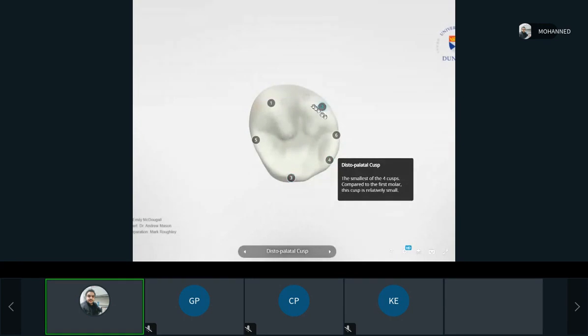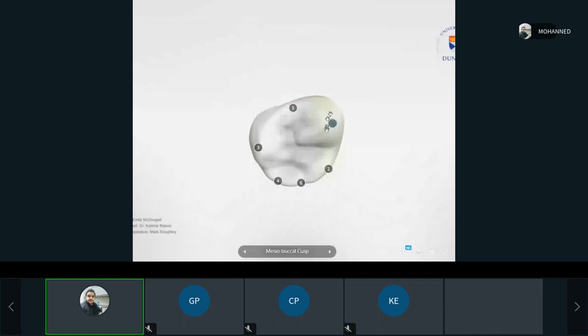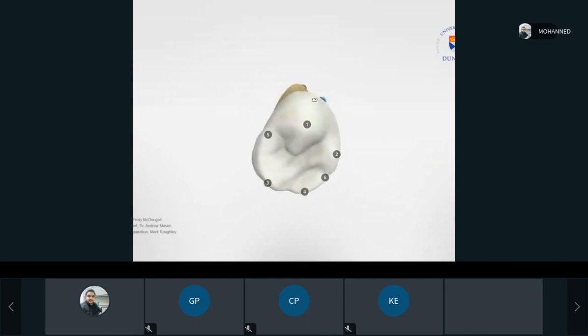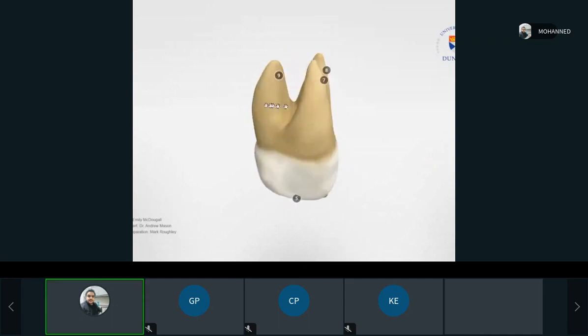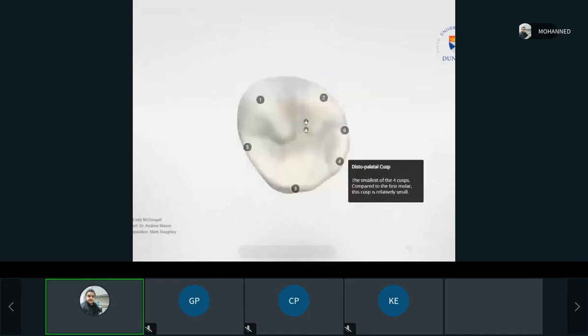And these are the bigger ones, especially the buccal. The mesiobuccal would be the biggest cusp. And if we look at it here, kind of like a heart in a way, right? Usually the roots are less diverged, not like the maxillary first one. The maxillary first one has more diverged roots. But this one is a little bit closer to each other and they're less diverged.